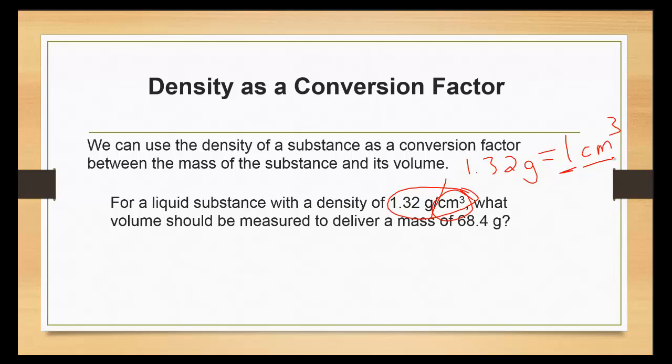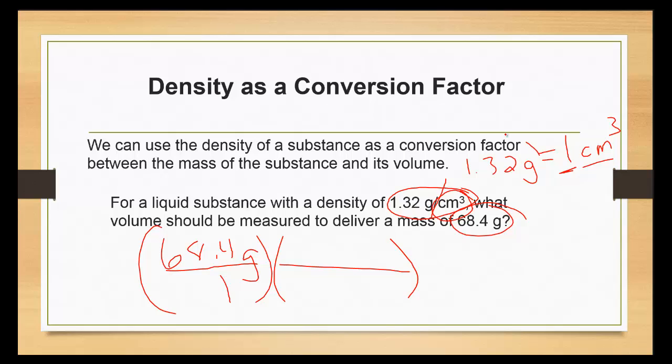What volume should be measured to deliver a mass of 68.4 grams? So 68.4 grams over 1. Look for grams. Whatever's on top goes on the bottom of the next one. Grams is here at 1.32, which is equal to 1 centimeter cubed.